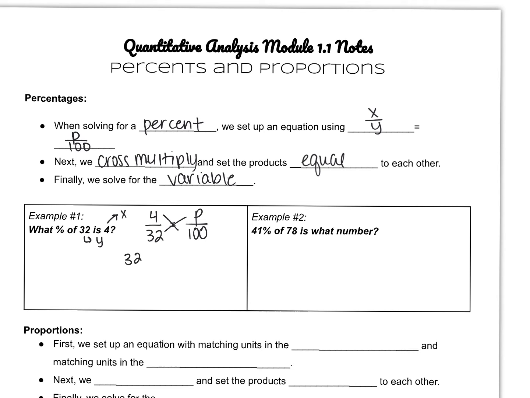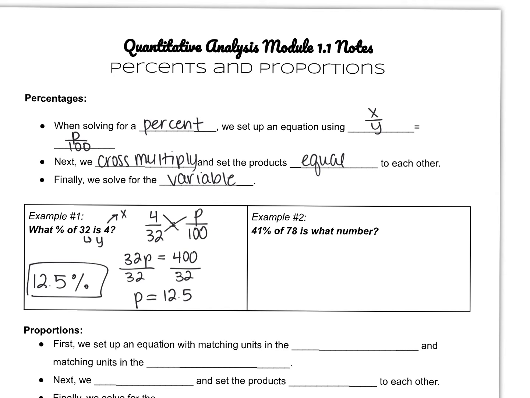We get 32p equals 400. We'll divide by 32, and we'll get 12.5. Because the question is asking me for a percent, I am going to write my final answer as 12.5%.